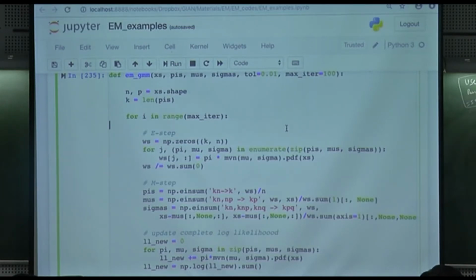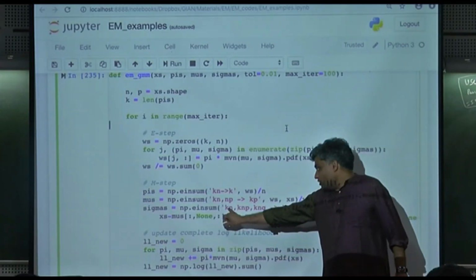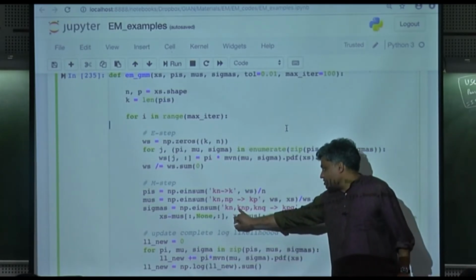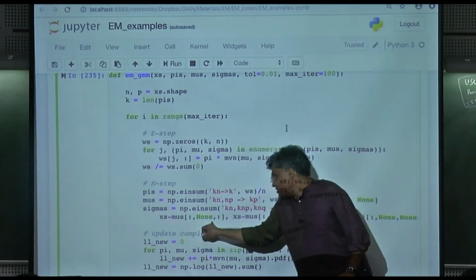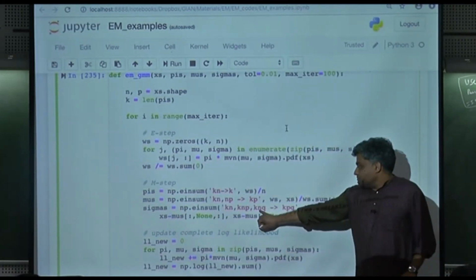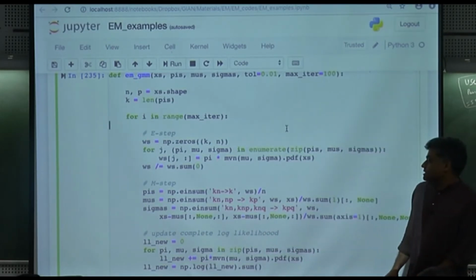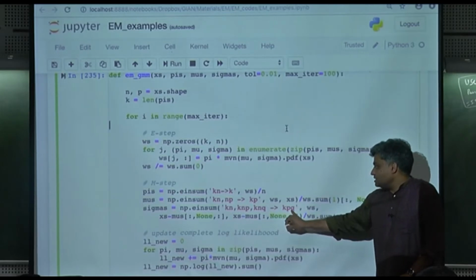Okay, what's going on over here? This is another Einstein sum. You have a matrix which is size k times n, which is WS. You have a matrix which is of size k times n times p, which is this one, xs minus mu. There's a matrix of size k times n times q, which is this guy, and in the end you want a matrix of size k times p times q.